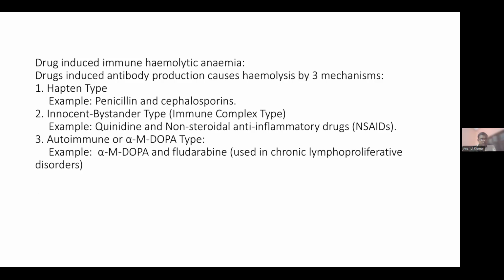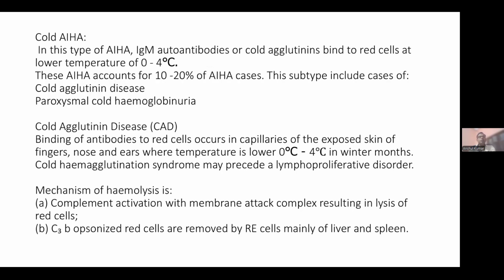Now coming to the cold AIHA. In cold AIHA, there are two types. In this type of AIHA, IgM autoantibodies or cold agglutinins bind to red cells at a lower temperature of 0 to 4 degrees centigrade.